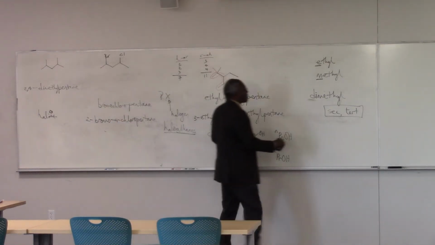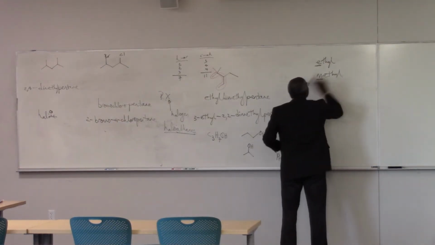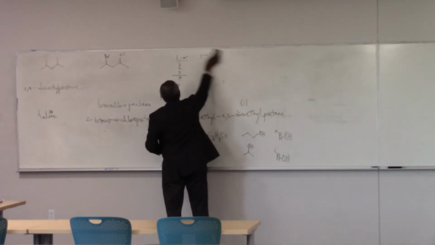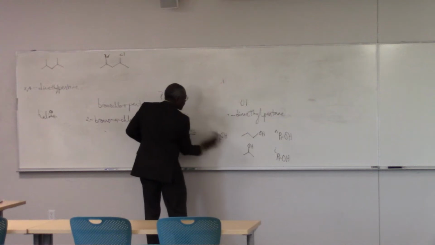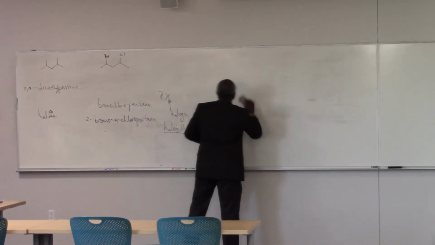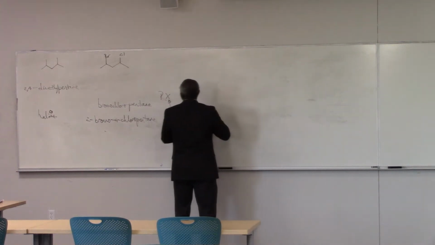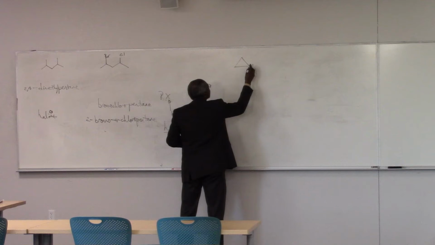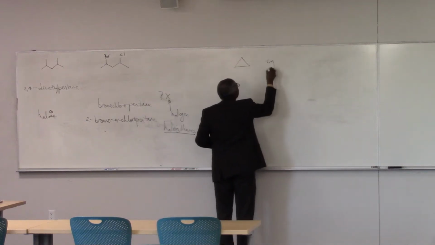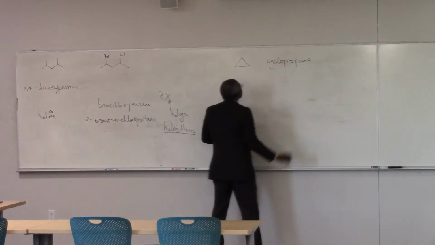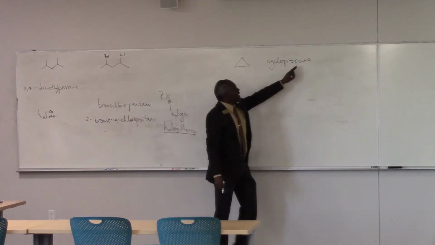If I have cycloalkanes, and I think we talked about this briefly a while back. If we're dealing with cycloalkanes, so if I have something like this, then it's cyclopropane because it's an alkane.